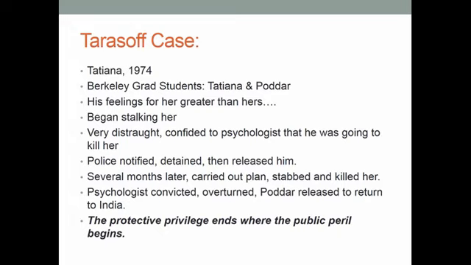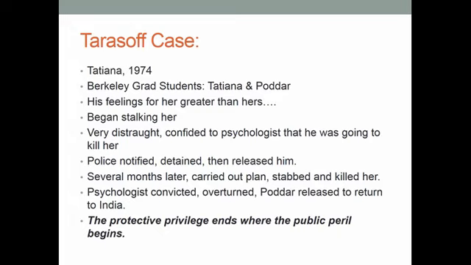But several months later, when she had come back to Berkeley, he carried out his plan, stabbed and killed her. The psychologist was convicted on the basis of not having warned Tatiana of the threats. That conviction of the psychologist was eventually overturned.